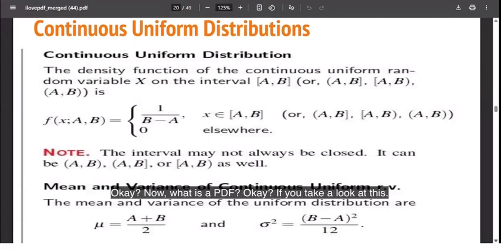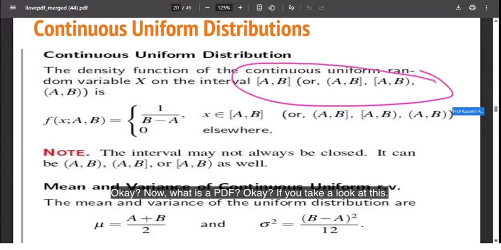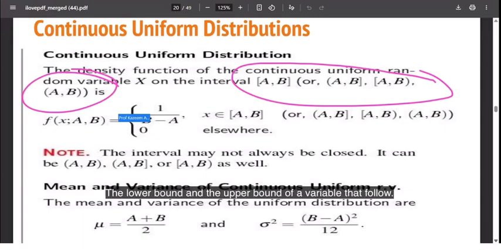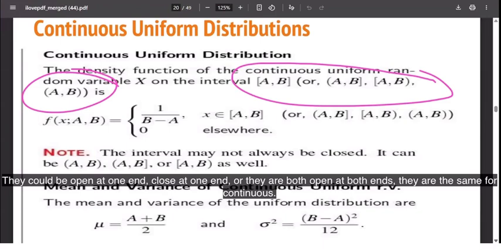Now what is the PDF? If you take a look at this, the lower bound and the upper bound of a variable that follows continuous uniform are a and b. They could be closed at both ends, open at one end and closed at the other, or open at both ends.